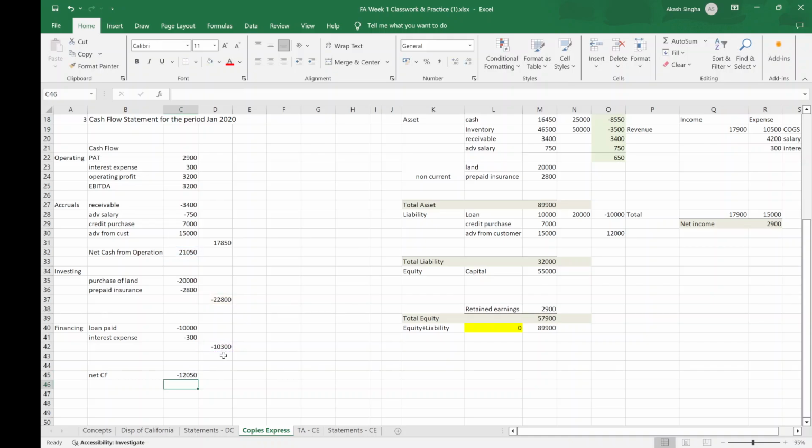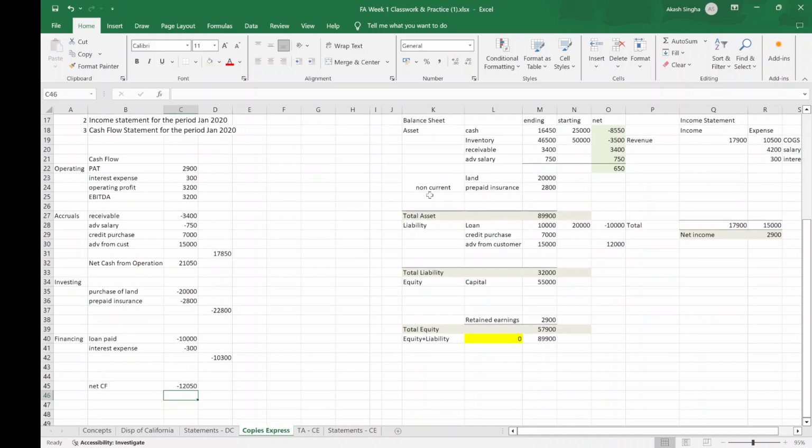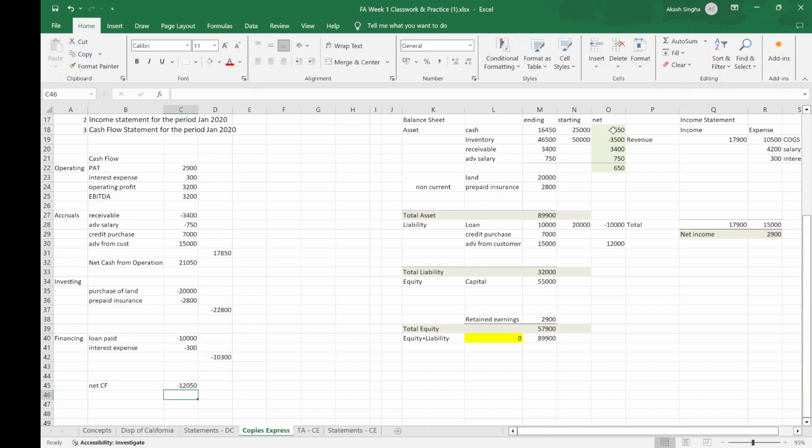Okay, so I think I missed something. Let me check. It should be 8550, but it is not. So where did we go wrong?